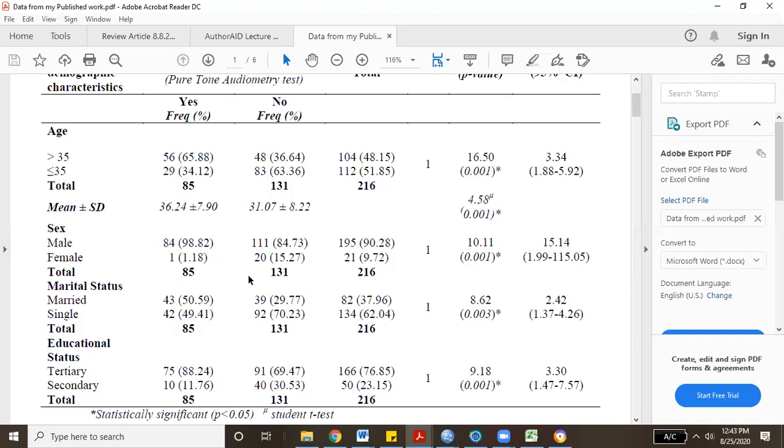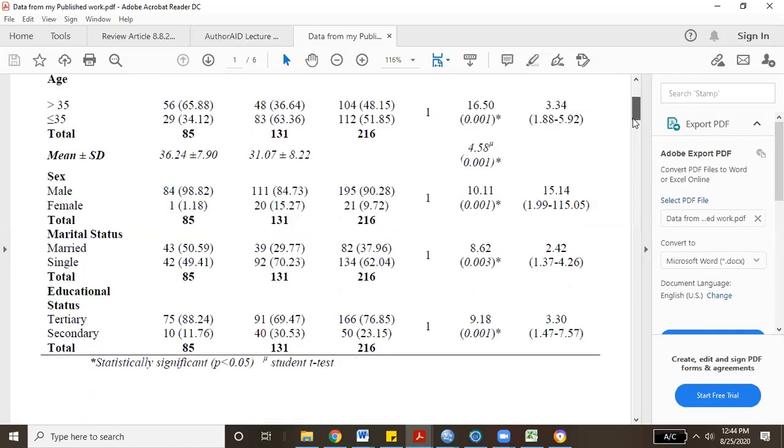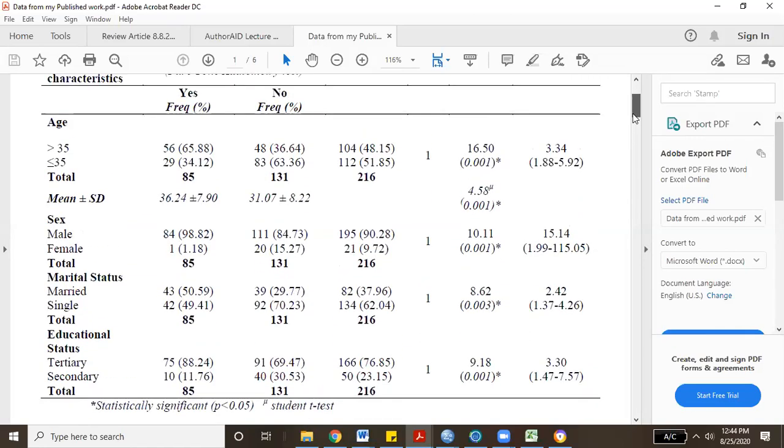Now, this is unadjusted. I am very convinced that some of these independent variables could be serving as confounders, meaning they are not true independent variables in this model. So apart from doing this first bivariate analysis, where I compared the variables one by one, I did age and noise-induced hearing loss, sex and noise-induced hearing loss, marital status and noise-induced hearing loss, educational status and noise-induced hearing loss.